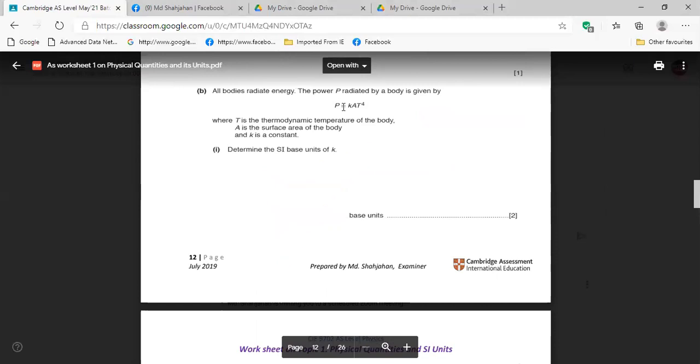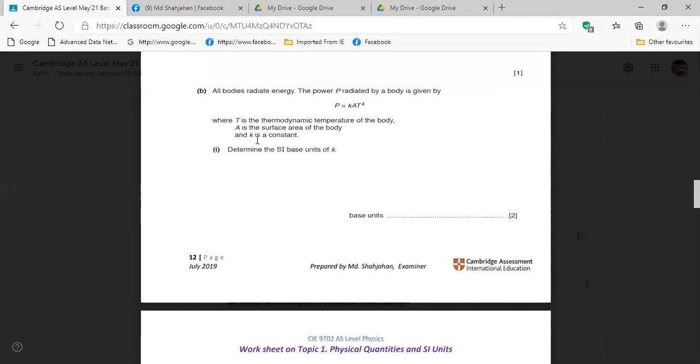So look here, we have this equation. Navid, yes sir. E equals K A T to the power 4. They are saying K is constant. Yes sir, K is constant.